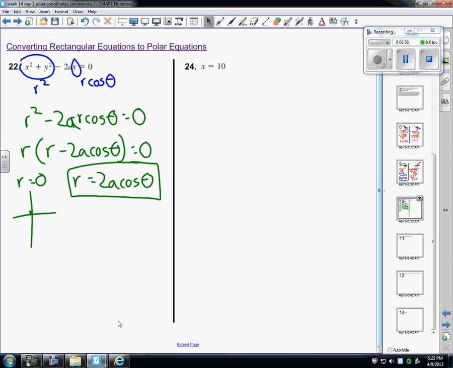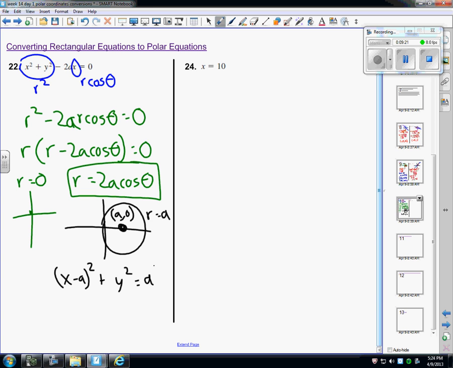So long story short, this is turning into a circle centered at a comma 0 with radius a. Now if you want to look at that rectangularly, that would be x minus a squared plus y squared equals a squared. And I promise you, if you completed the square on that, that's what you would get.